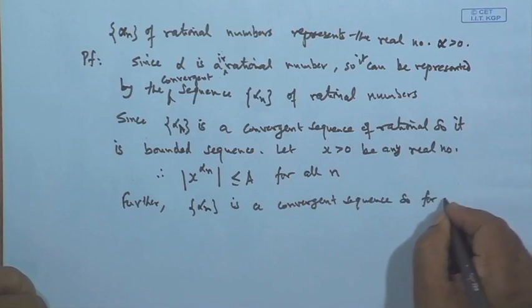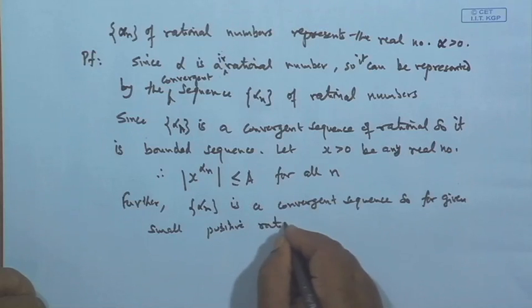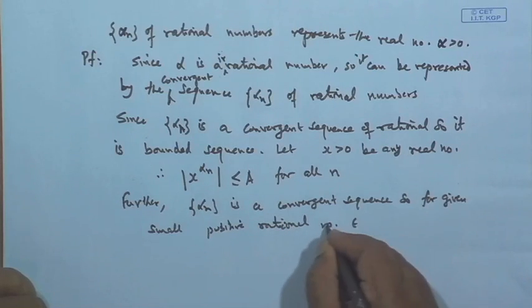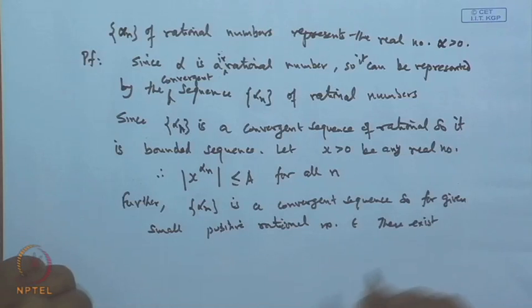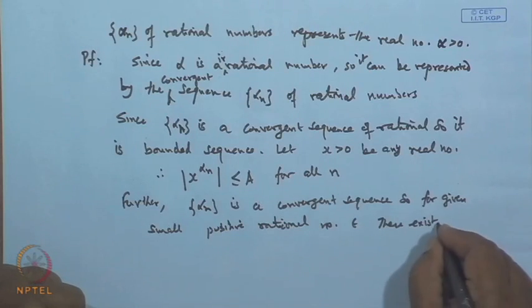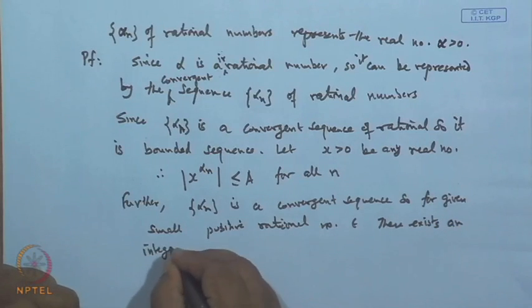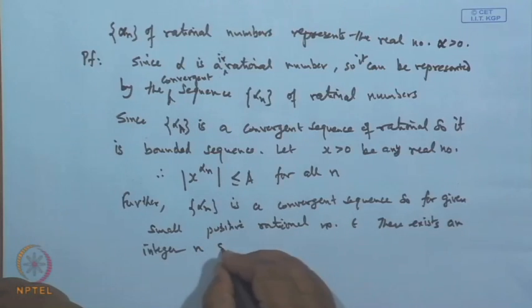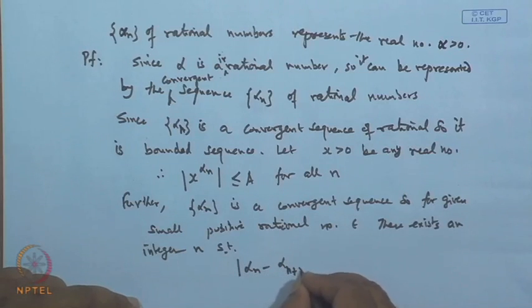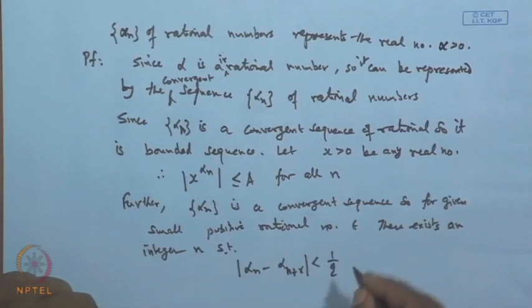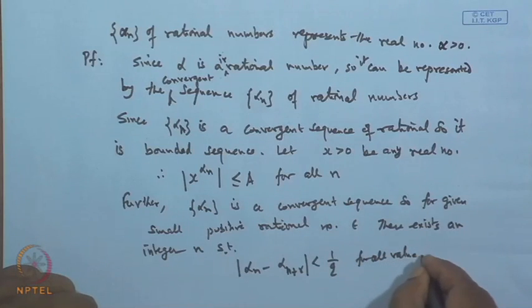So, for a given small positive rational number epsilon, there exists an integer such that the mod of alpha n minus alpha n plus r remains less than 1 by q for all n, for all values of r.